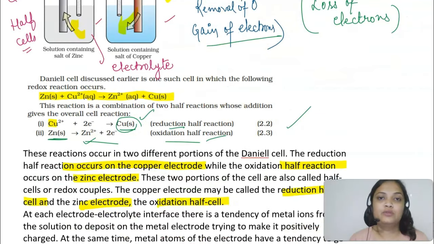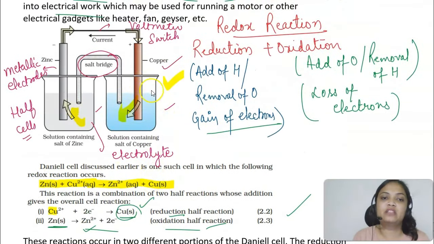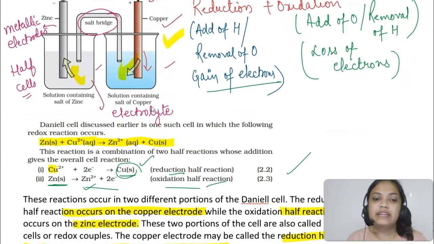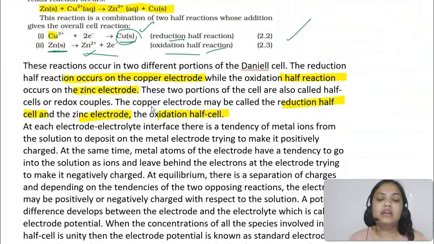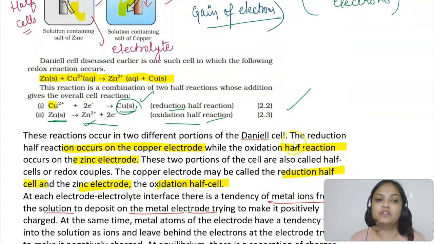Now, what I told you is that at each electrode-electrolyte interface, meaning whenever this electrode is dipped into an electrolyte, there is a tendency of metal ions from the solution to deposit on the metal electrode, trying to make it positively charged.